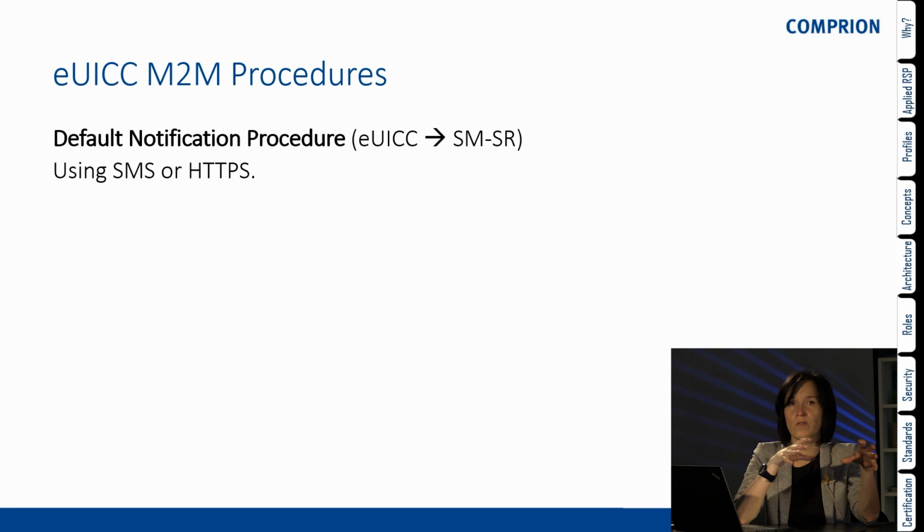So there are always notifications to inform the server components or backend components what is ongoing on the eUICC, so that their control can be kept. And here we have the default notification procedure or different notification procedures. It's coming from the eUICC to the SM-SR using SMS or HTTPS.